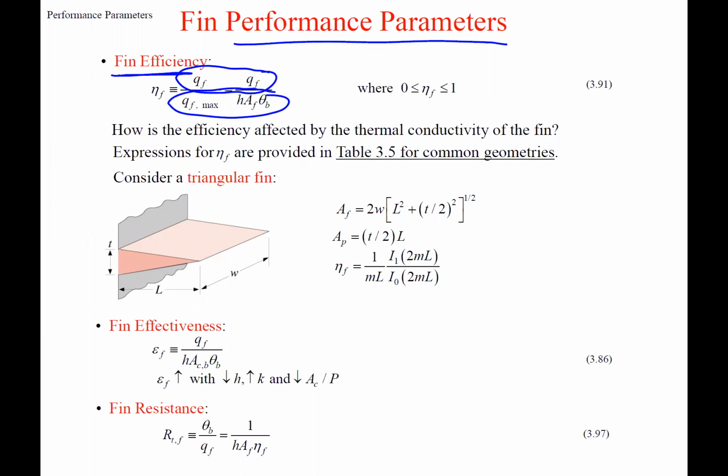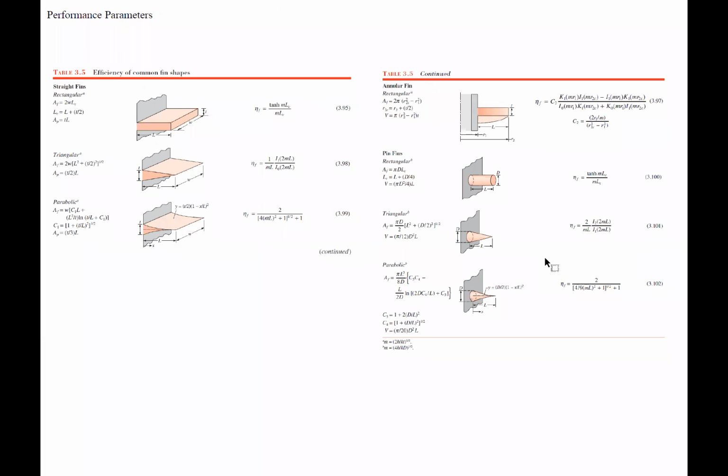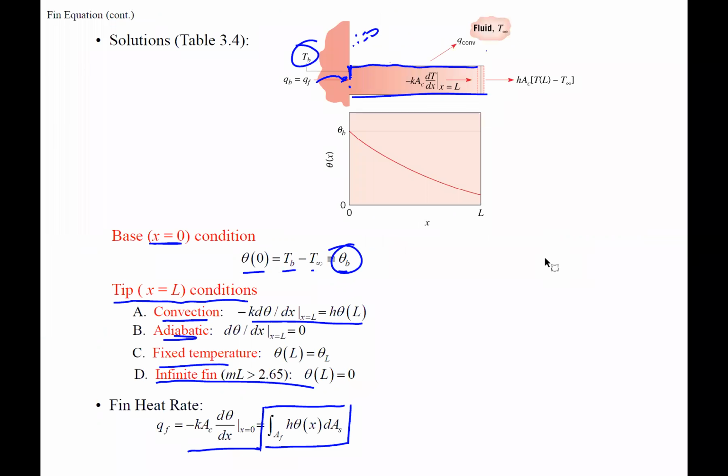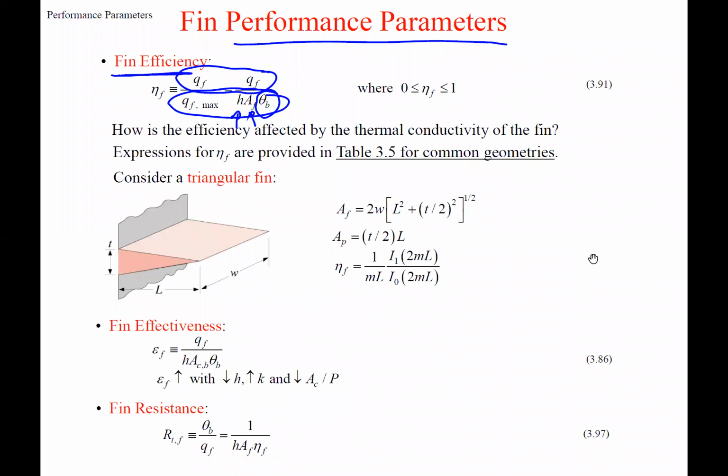Really what it's saying is you have convection, you have the area of the fin, and if the whole fin were at the base temperature, that would be the max temperature. At any point along this fin we are not always at the base temperature, because temperature is dropping. That would be the max heat that you get from it, because that would have the max temperature difference. So that's your heat max, and then this is the actual heat.